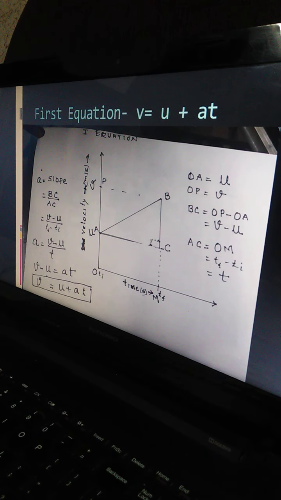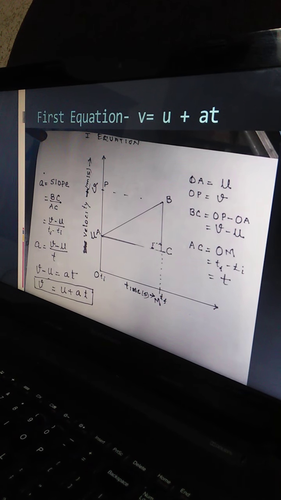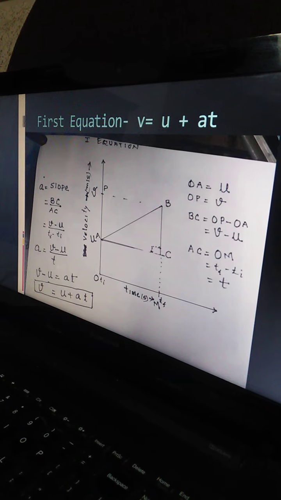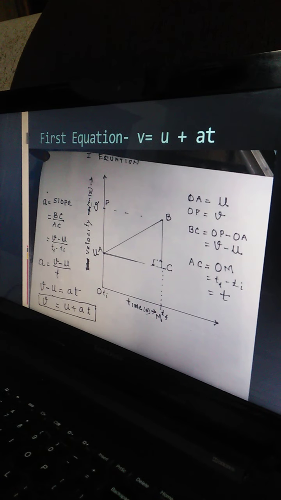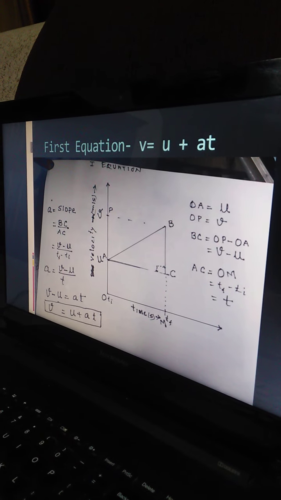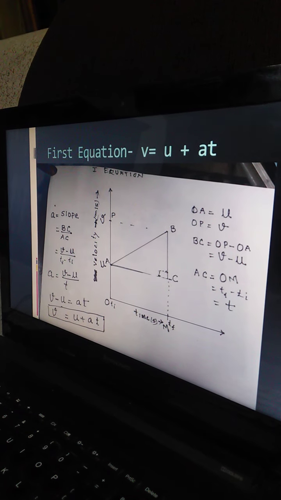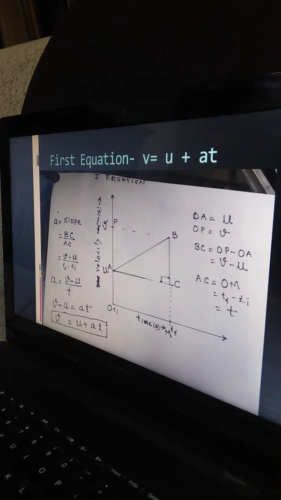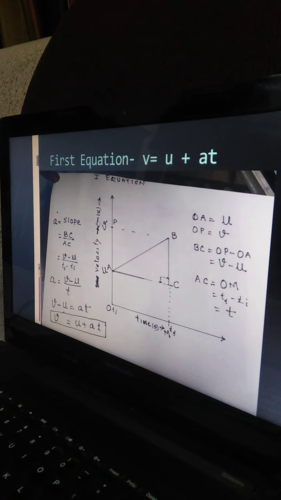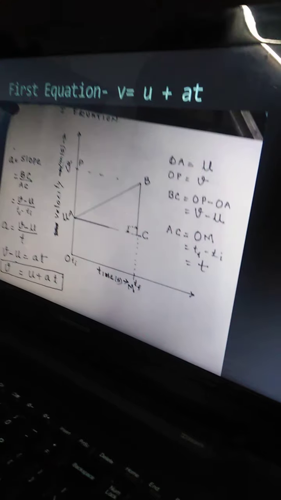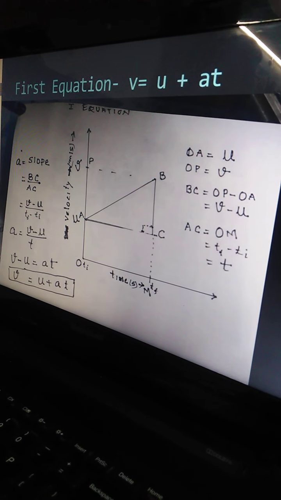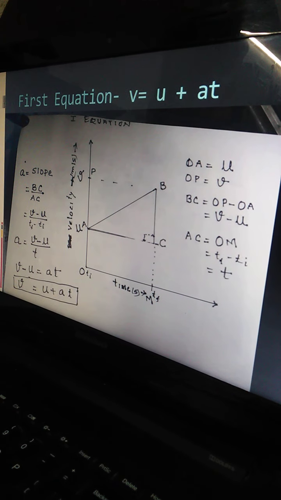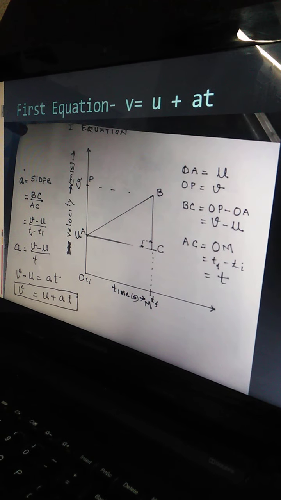As the time passes, the velocity represented at B, that is the final velocity v. Got it? Now, in the graph, OA shows what? Initial velocity. OB shows what? Final velocity.